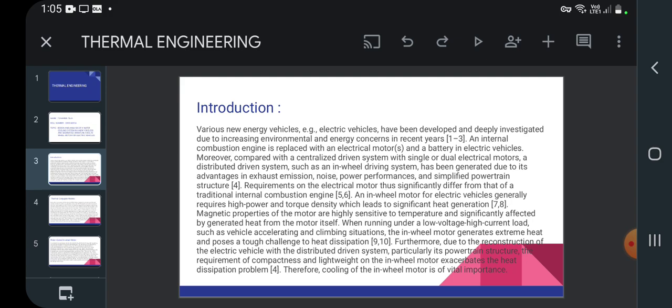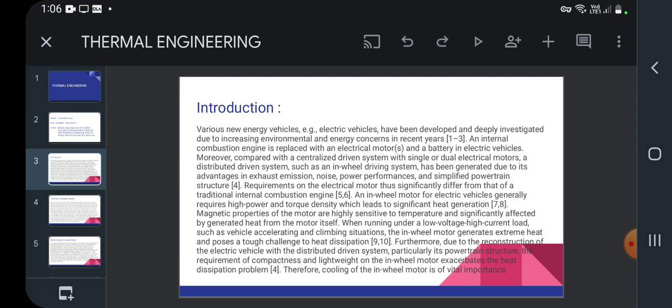The requirements on the electrical motor thus differ significantly from those of a traditional internal combustion engine. An in-wheel motor for an electric vehicle generally requires high power and torque density, which leads to significant heat generation.